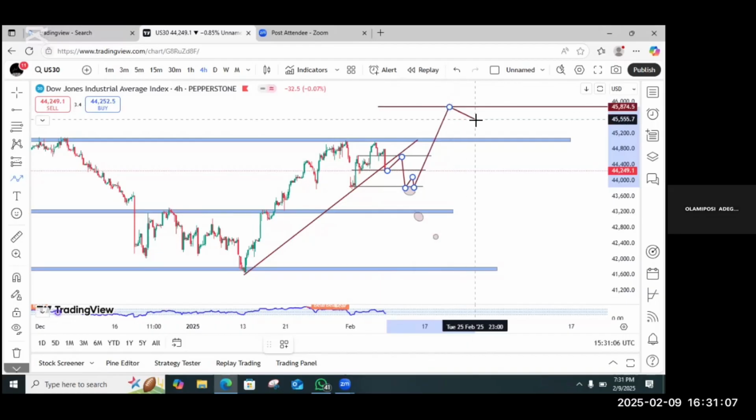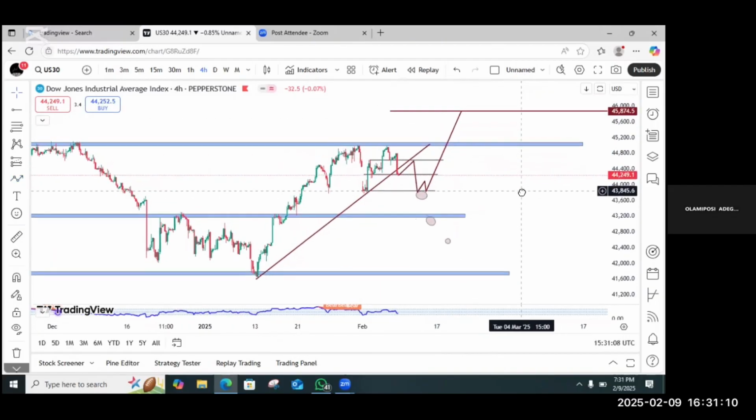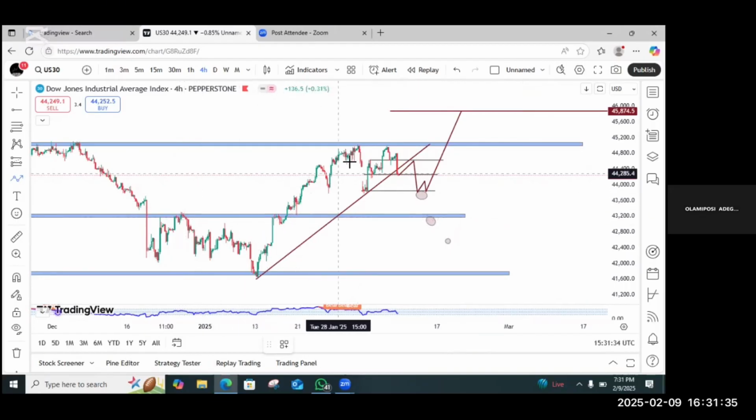Or better still, because this market has been hitting here, which is the all-time high, you might want to take an extra mile. Before this market touched the all-time high, there is the most previous high that the market broke. If we check our Fibonacci, this is around 0.5 or so.